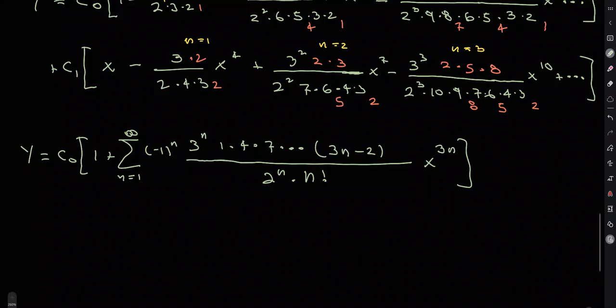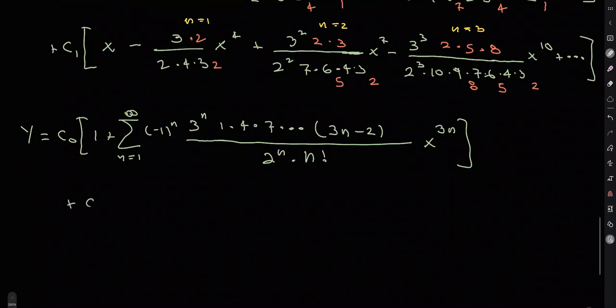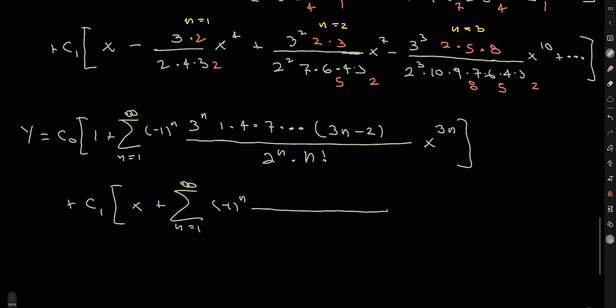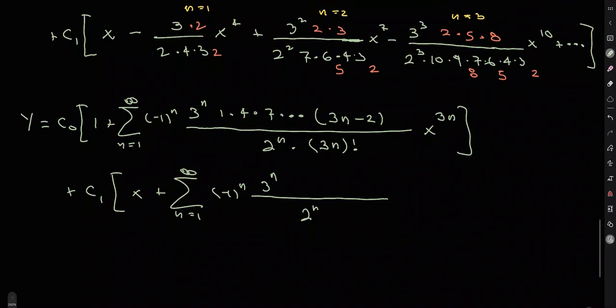I'm not going to have enough space for the second one. So plus c sub 1 times x plus sigma n equals 1 to infinity of negative 1 to the n. There will also be the same factor of 3 to the n in the numerator and the 2 to the n. Oh, wait a minute. I need to fix the factorial in the denominator, the previous one. That had to be 3n factorial, not n factorial. All right, I was able to catch this.